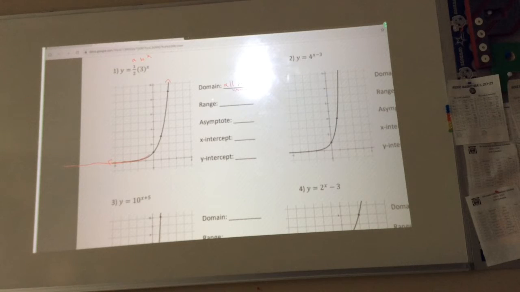So we can get really, really close, like down to the day, the minute, the hour, the second, the millisecond, but we can never break that threshold. So that means that your range is going to have to be all real numbers greater than 0. You're okay with that? So y is all real numbers greater than 0.